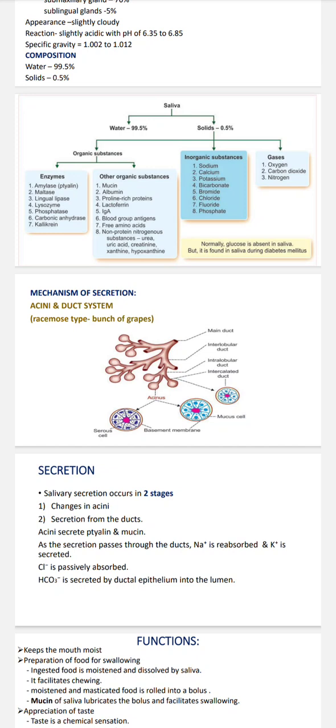So how is this saliva secreted? The mechanism of secretion is through an acini and duct system, also known as the racemose type. It looks like a bunch of grapes.